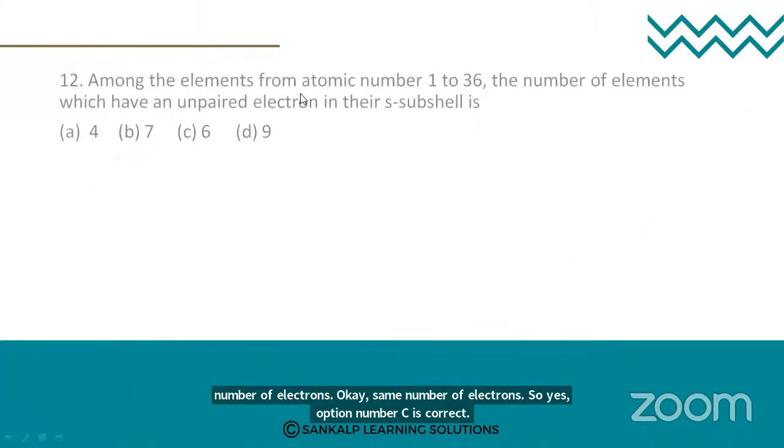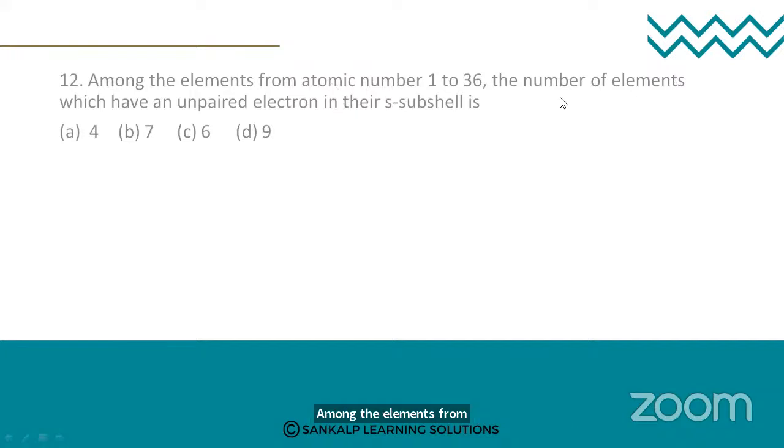Among the elements from atomic number 1 to 36, the number of elements which have an unpaired electron in their s subshell is.